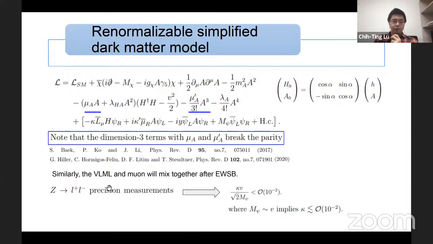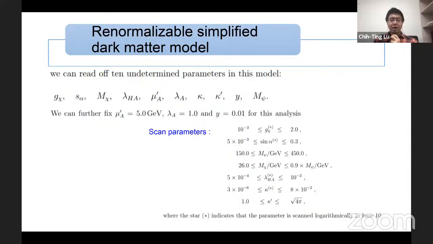Because of the precision measurement of Z boson decay to the lepton pair, this coupling kappa already suffers from a very strong constraint. For example, if M_psi is around the electroweak scale, then this kappa needs to be smaller than 0.01.